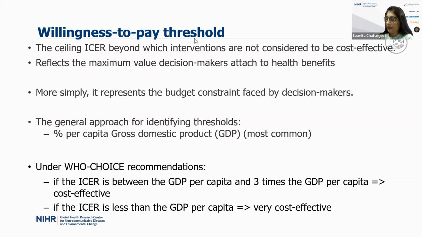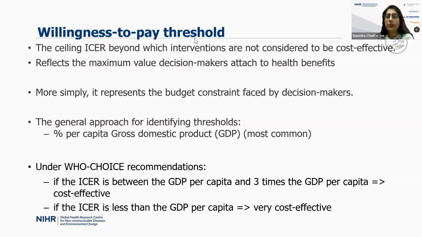So if an intervention is below my incremental cost effectiveness ratio, if it falls below $3,000, it is very cost effective. If it falls between $3,000 and $9,000, it is cost effective. That's the simple thing which you can do using the WHO recommendation.